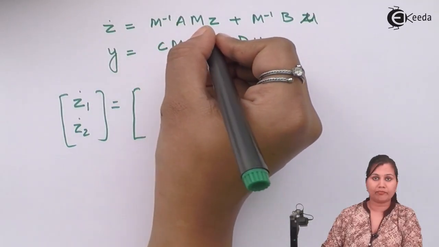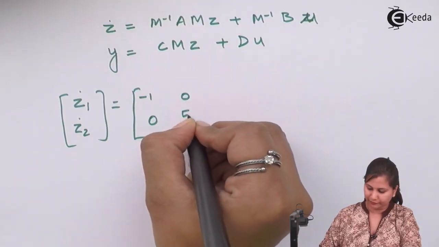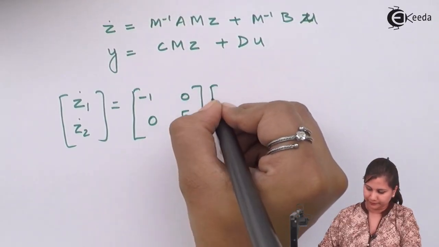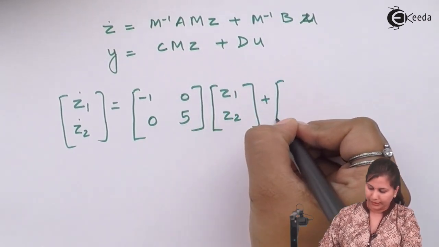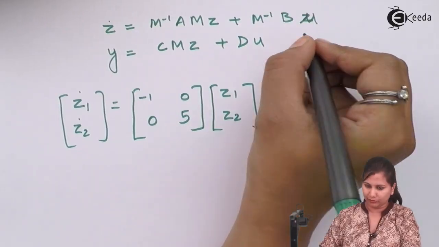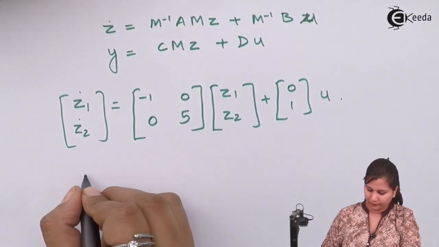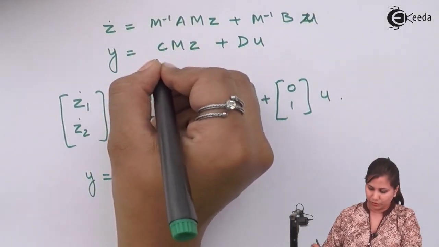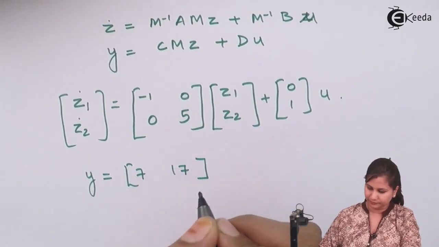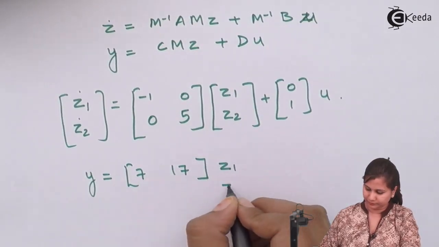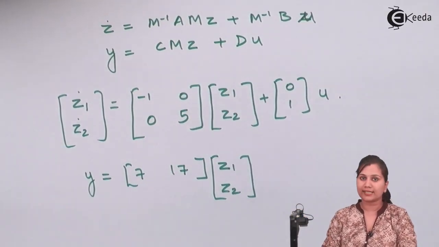M inverse AM we have obtained, it is minus 1, 0, 0 and 5, a diagonal matrix. M inverse B also we have calculated, it is minus 2 by 3 and 1 by 3. CM also we have calculated, 7 and 17. And D is given to us in the question as 0.